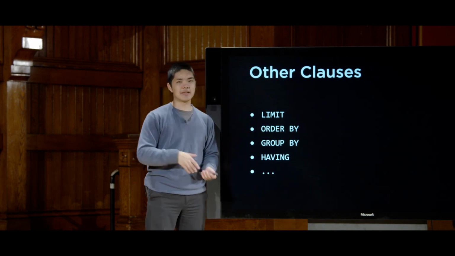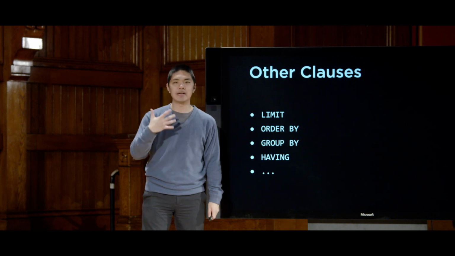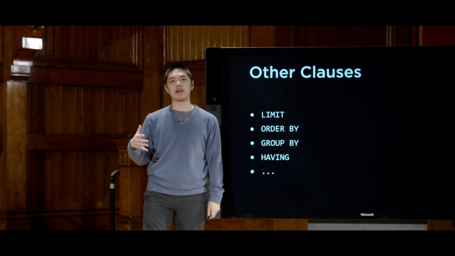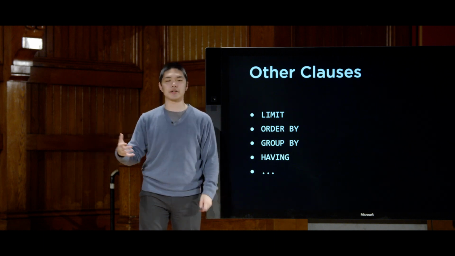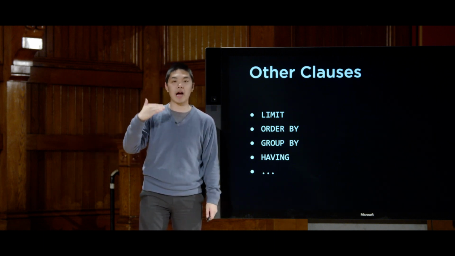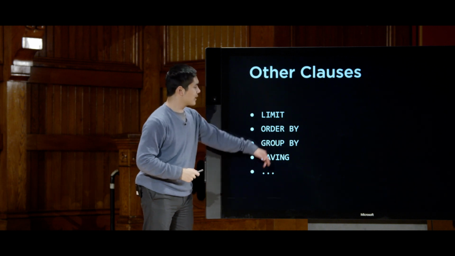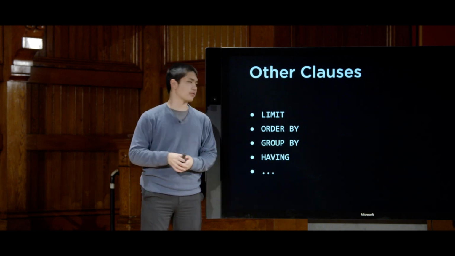Order by allows me to decide how the results are ordered inside the results that come back. So I could say select star from flights order by destination, or order by duration, to get all of the flights in order by how long they are. Group by allows me to group a whole bunch of rows together.